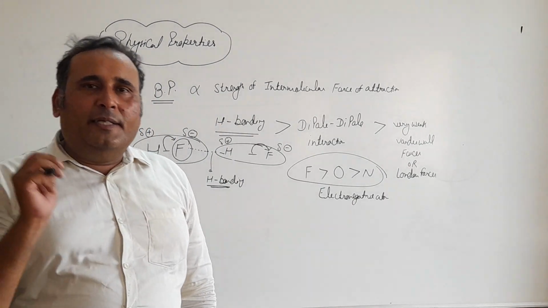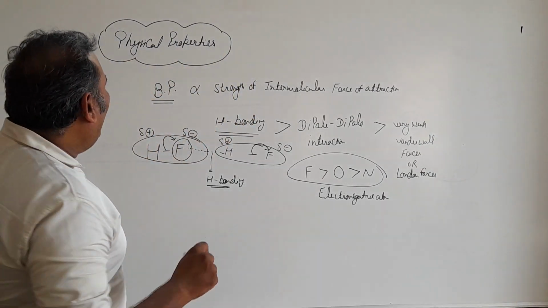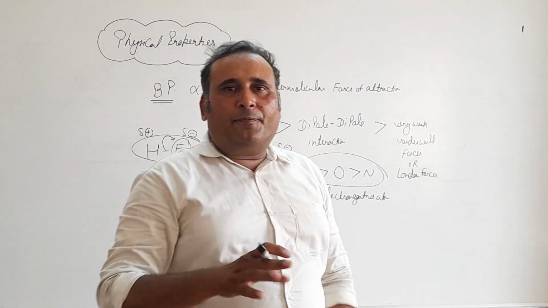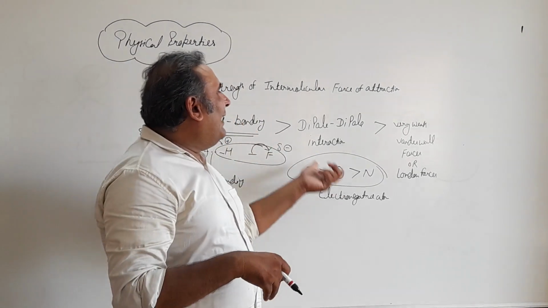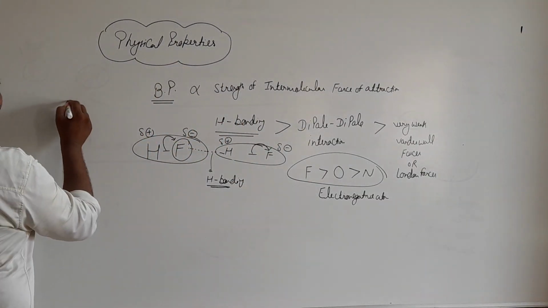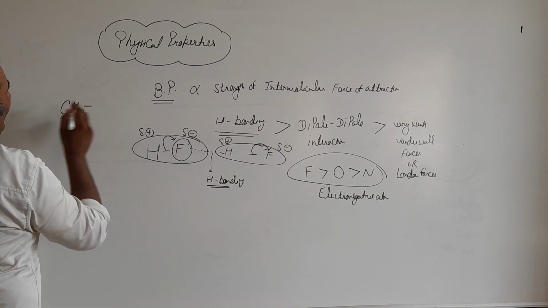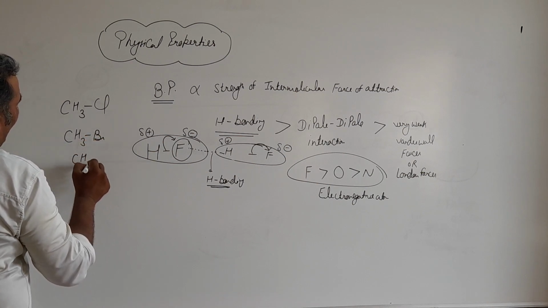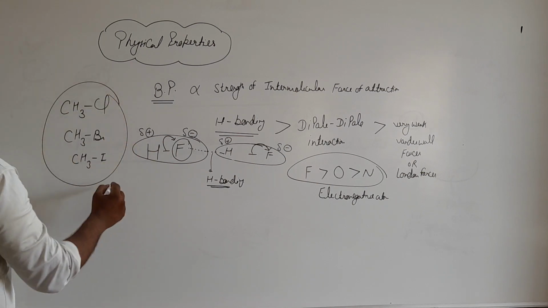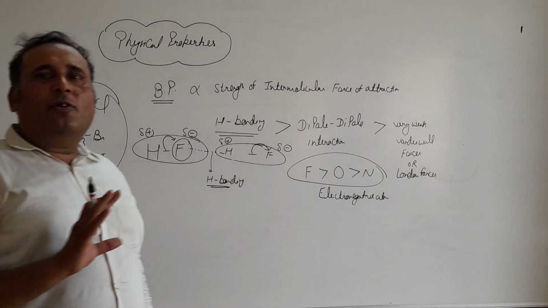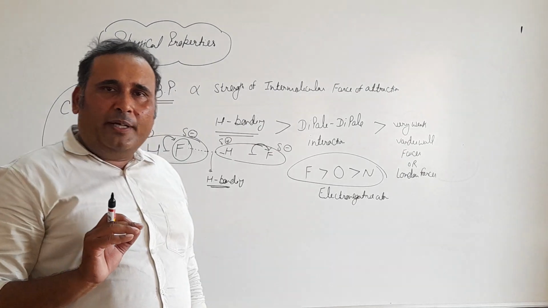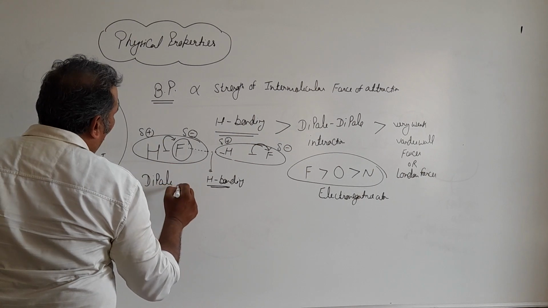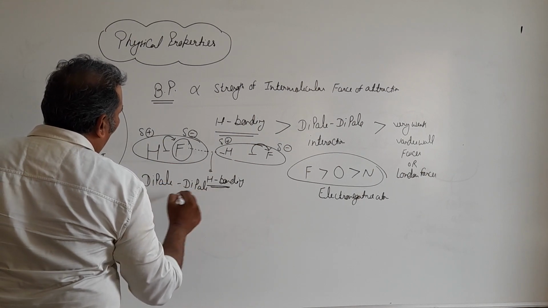So in HF hydrogen bonding is possible, but apart from HF, any other alkyl halide like CH3Cl, CH3Br, CH3I cannot form hydrogen bonding. They are not capable of forming hydrogen bonding. But yes, they can make dipole-dipole interaction.